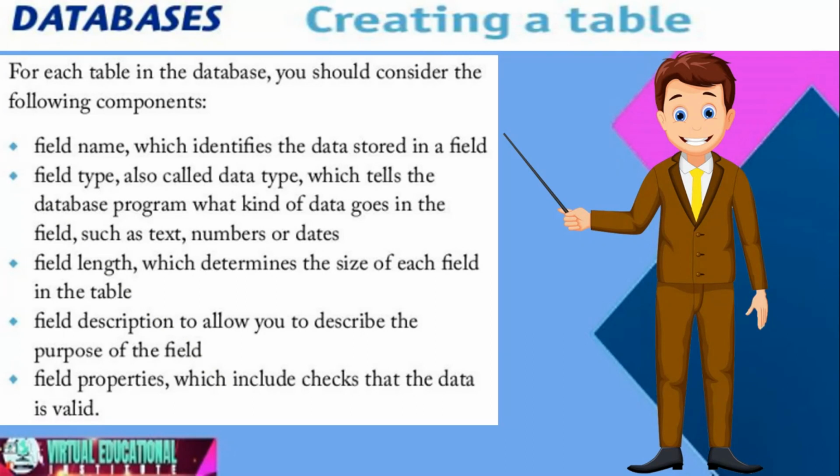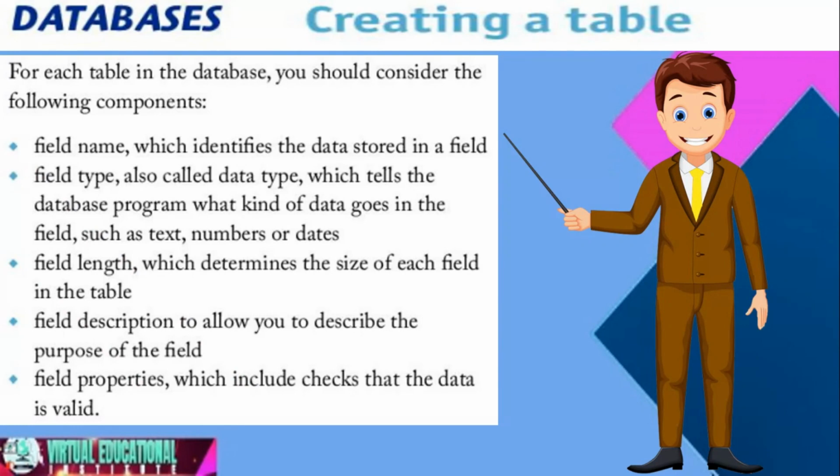We have the field name, which identifies the data stored in the field, and we have the field type as well. The field type is also called data type, and it tells the database program what kind of data goes into the field. Data types such as text, number, or date, and there are several others as well.